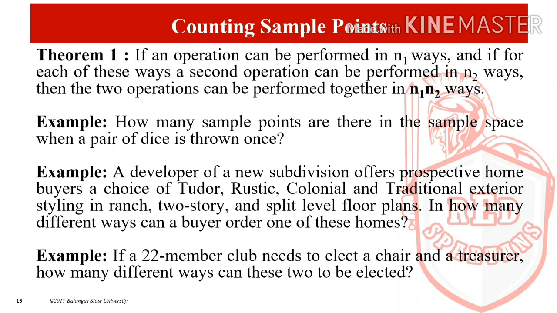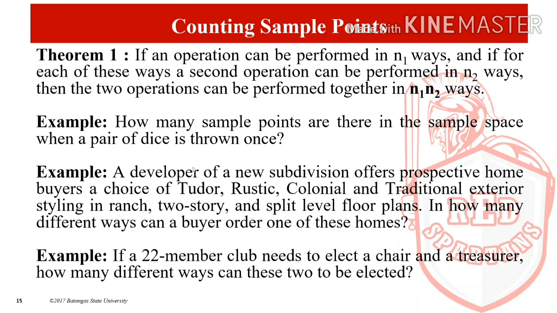So meaning, n sub 1 natin para sa isang die is equal to 6 and n sub 2 is equal to 6 din para sa second die. So 6 times 6, meron tayong 36 possible sample points or 36 ways. So yun yung answer for example 1. So meron tayong 36 sample points.